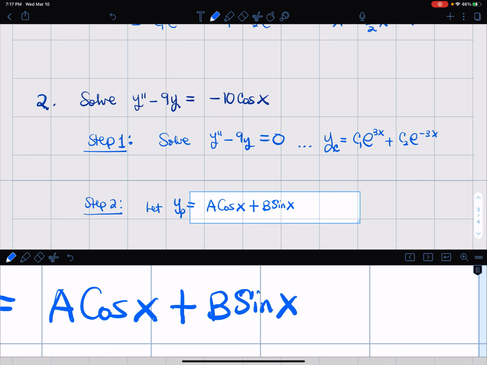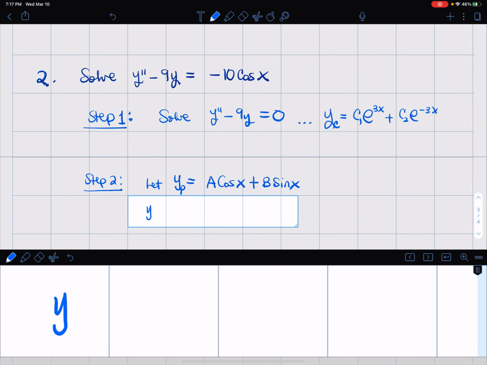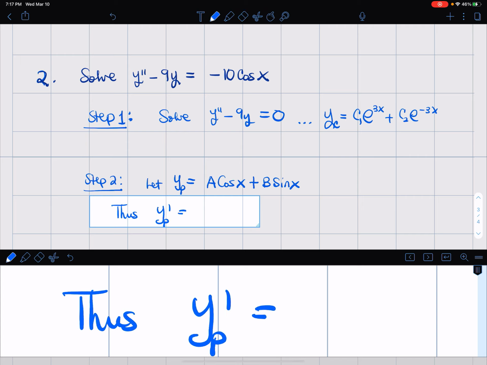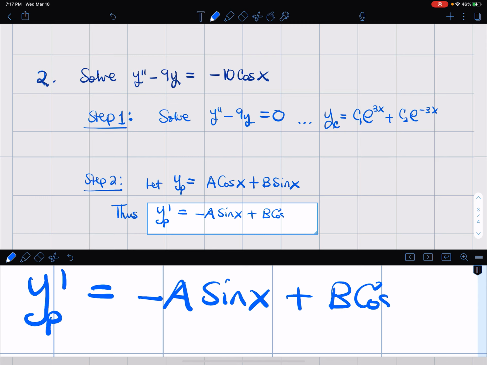That way, if it's just cosine, then b is going to be 0, and if it is just sine, then a is going to be 0, and it's possible that it's both of them, a and b non-zero. So that's our yp. Let's do yp prime. Thus yp prime is going to be negative a sine of x plus b cosine of x.